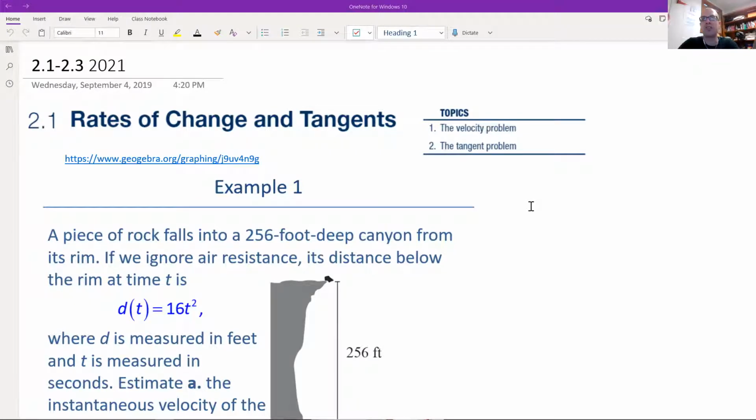So your average velocity was 65 miles per hour. Realistically, though, you know that at some points in that trip you were over 65 miles per hour or under 65 miles per hour.